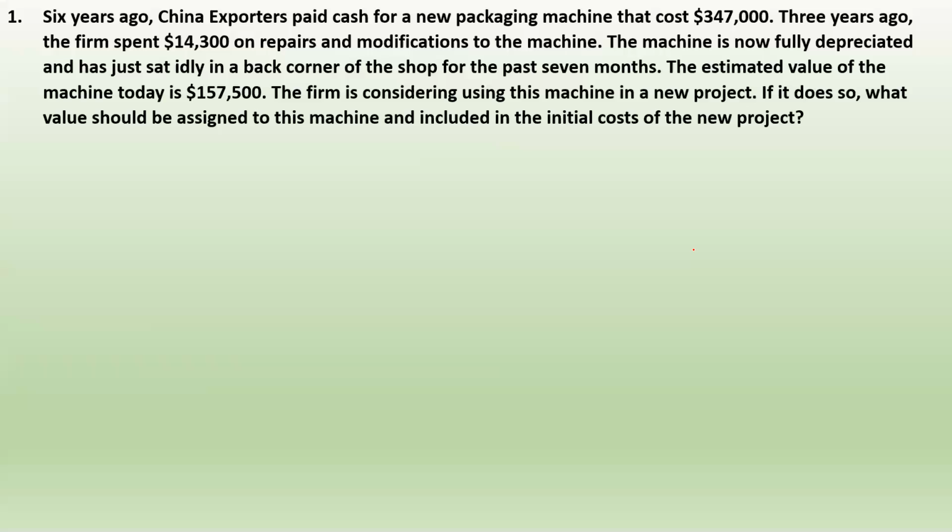So the first practice is that six years ago, China exporters paid cash for a new packaging machine that cost 347,000 US dollars. 3 years later, the firm spent 14,300 US dollars on repairs and modification to this machine.